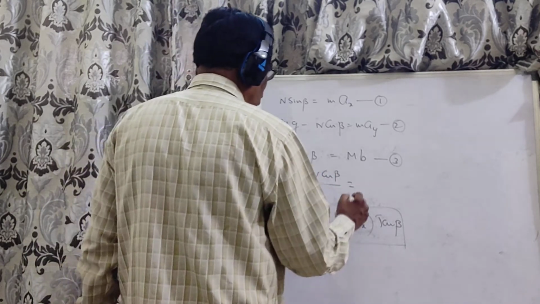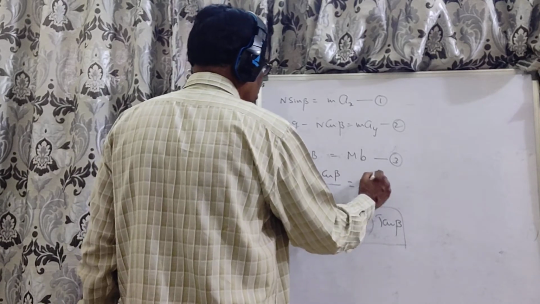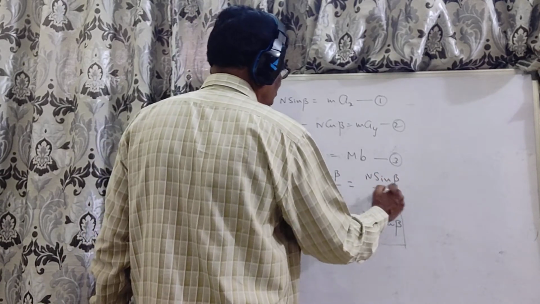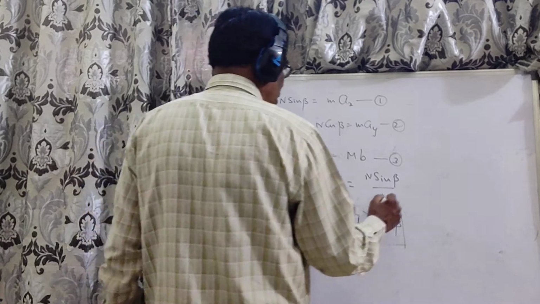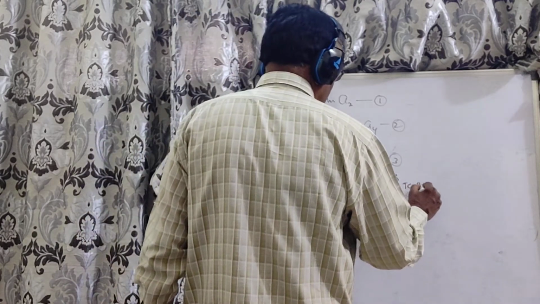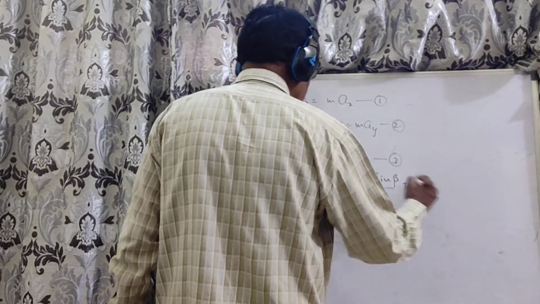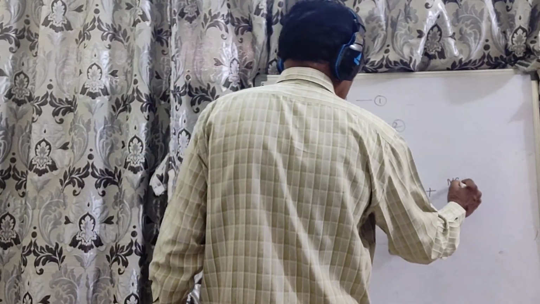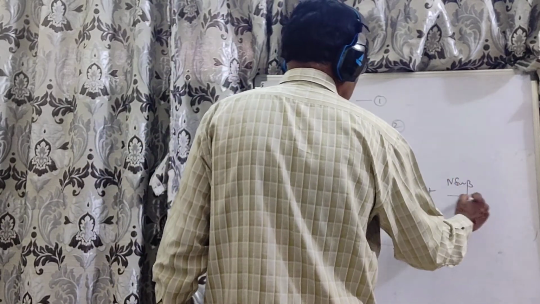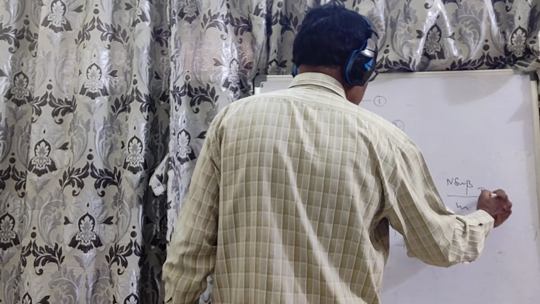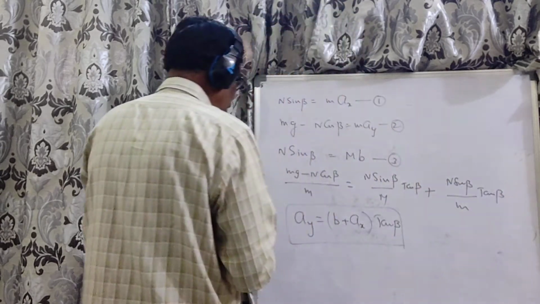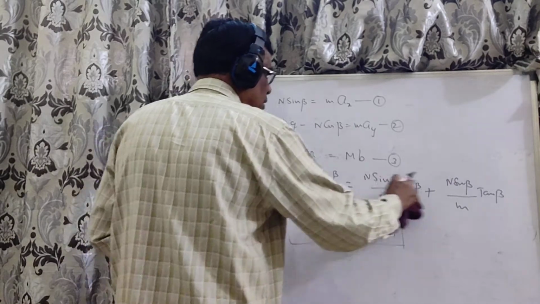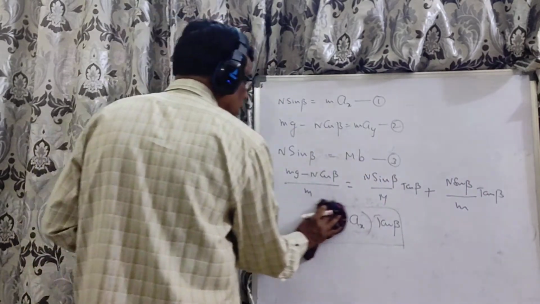Ay is equal to B. B is N sin beta by capital M into tan beta plus Ax, where Ax is N sin beta by m tan beta. See, Ay is equal to B plus Ax tan beta. I have written. That's it.